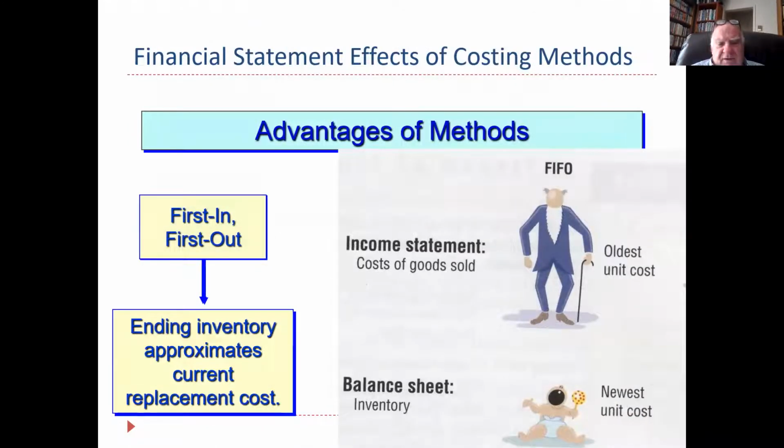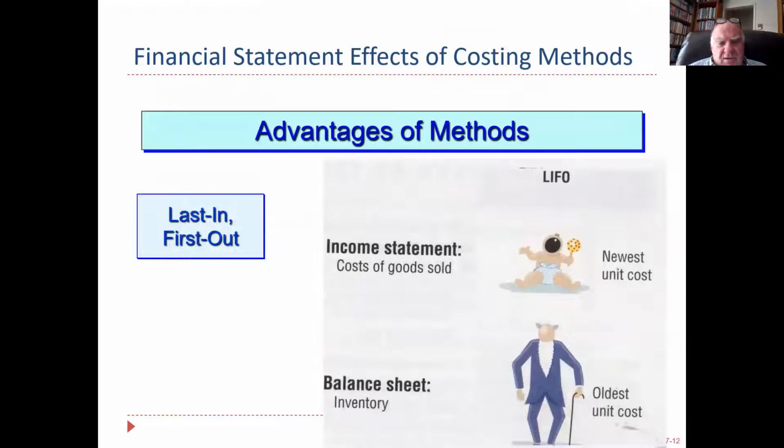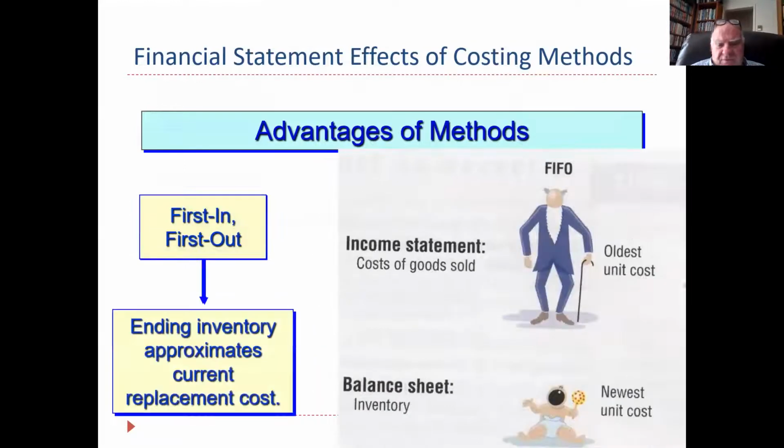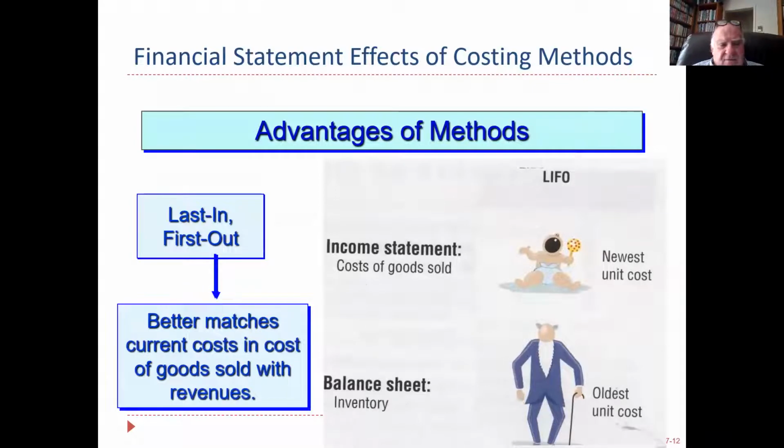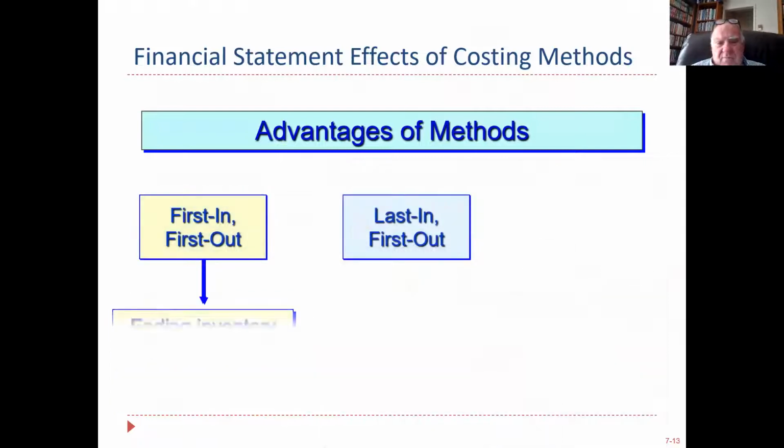Now they're talking about the advantages of methods. First in, first out. The ending inventory approximates the current cost. Yeah, okay, I'll buy that. But last in, first out better matches the current costs in the cost of goods sold. So neither one is wrong. It's just a choice your company can make.